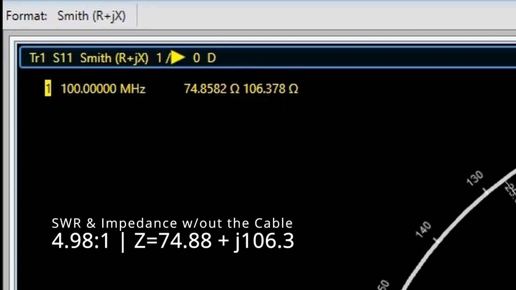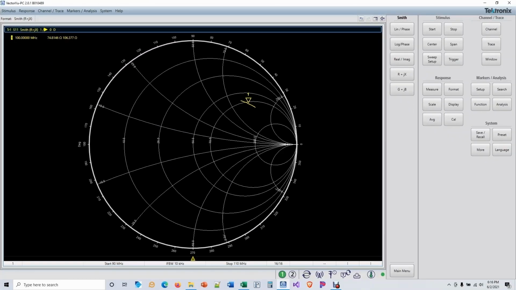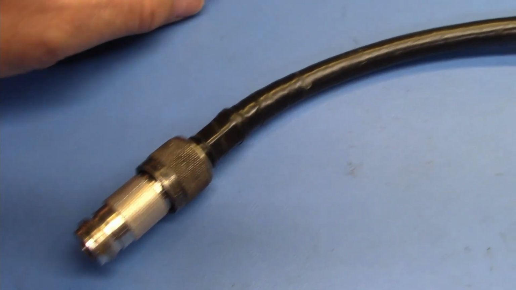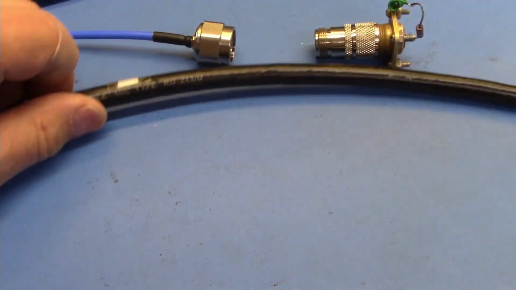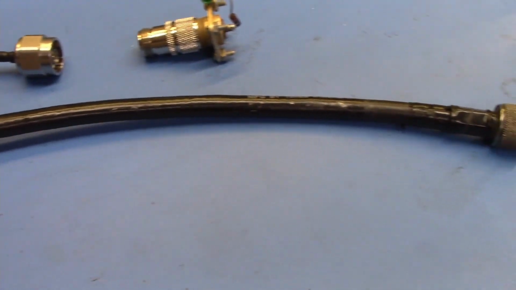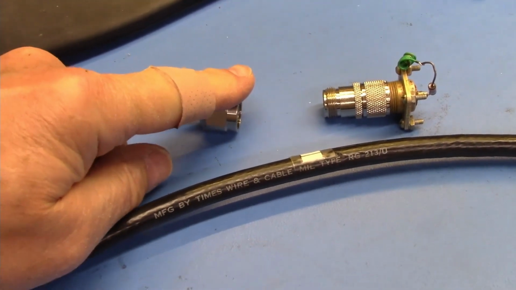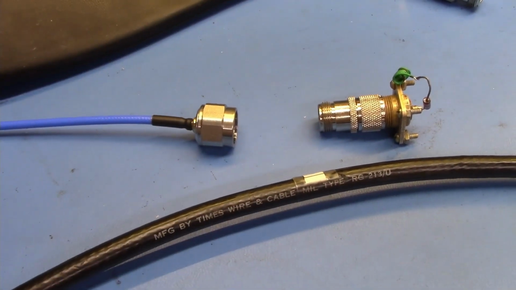All right, now let's see what happens when we put this extra piece of coax in place. So now I have this lovely piece of coax. It is approximately 0.3 wavelengths long, electrically speaking, and we're going to place that in between the vector network analyzer and our lovely load.